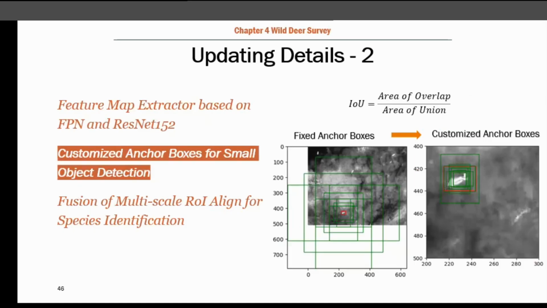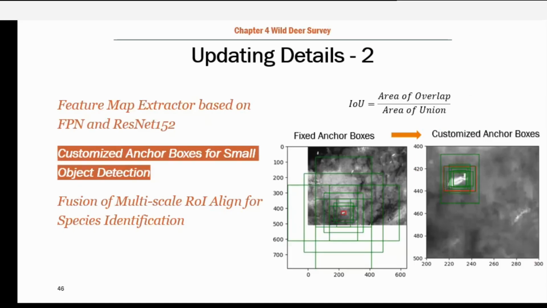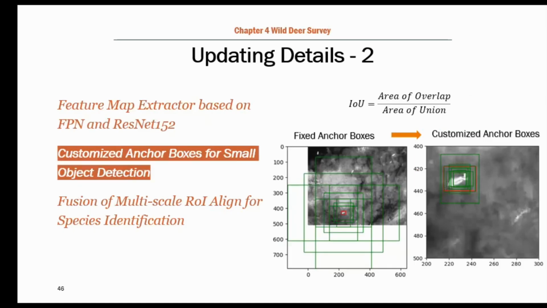And another important point is that for a detection model, it's important to know which anchor box encloses the target. So a method is used, IoU. IoU means intersection over union.